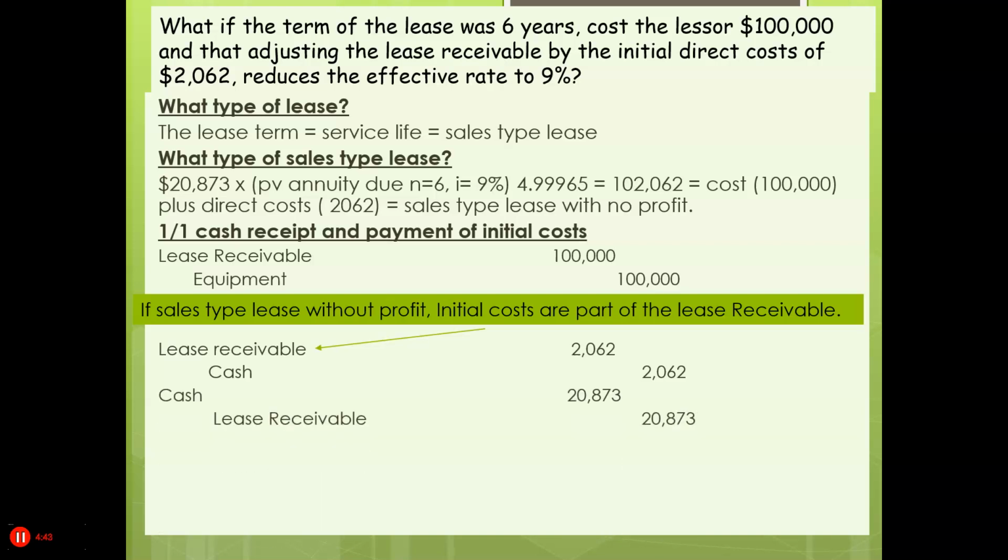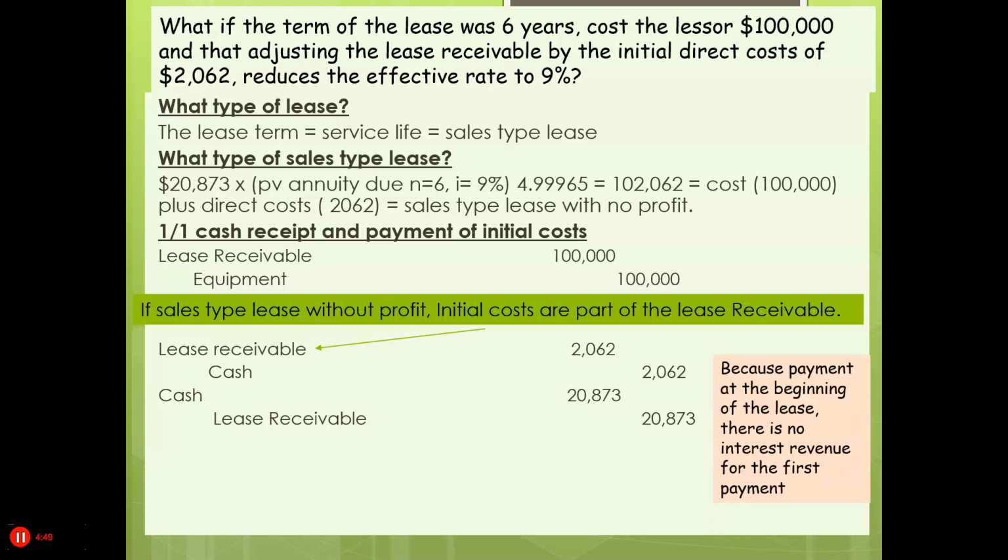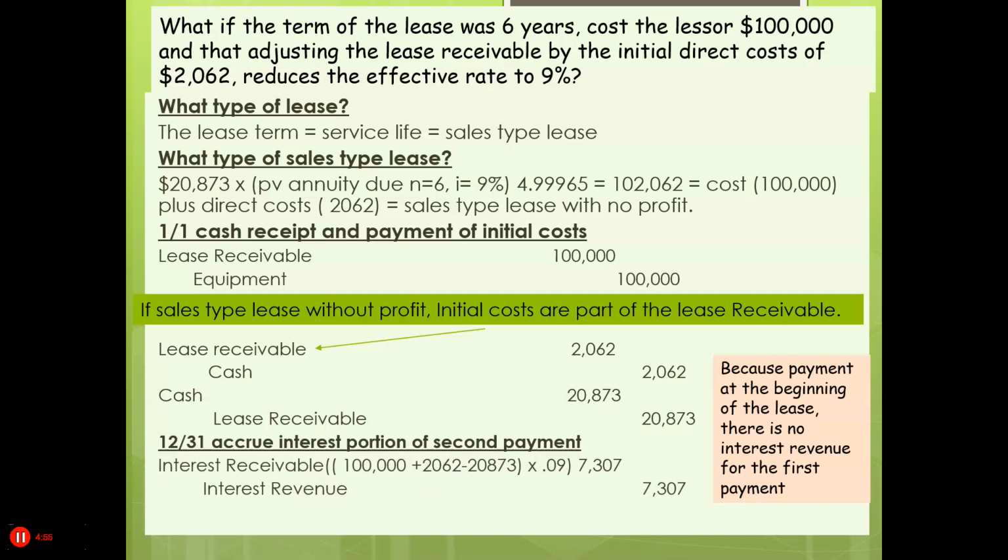And then we're going to go cash, lease receivable. Because the payment is at the beginning of the lease, there's no interest revenue for the first payment. And then at year end, we have to accrue the interest portion, which would be $100,000 plus the $2,062 minus that first payment, times the implied rate of 9%.